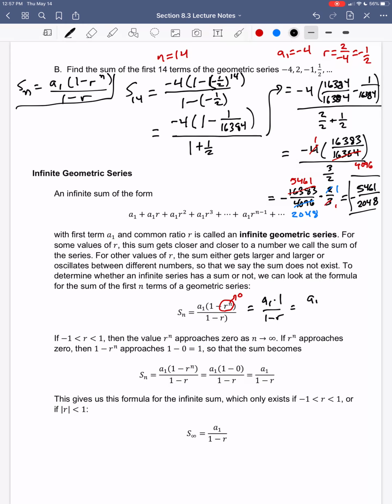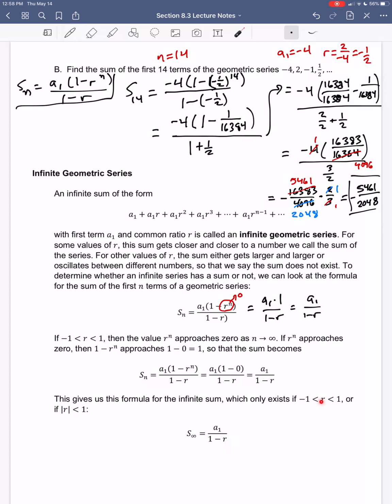And that's just going to be a sub 1 over 1 minus r. So that's the value for the sum of this infinite series if the r value is between negative 1 and 1. So this formula here allows me to calculate the sum of those infinite geometric series.